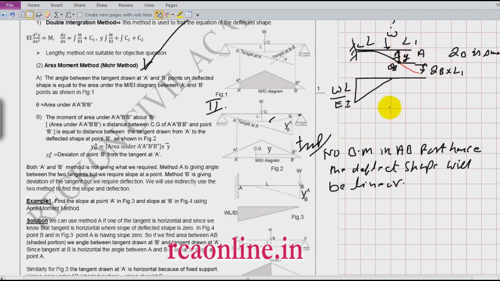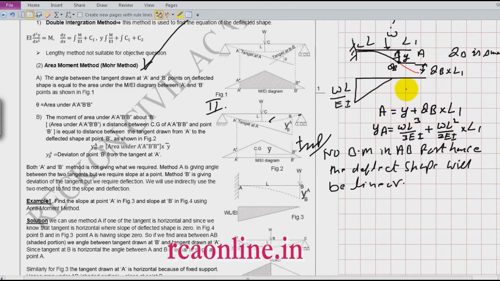So what is the deflection at A? The deflection at A will be y plus theta B into L1. Now y I have just calculated, which is WL cube over 3EI. Theta B I have also calculated, which is WL square over 2EI. Is it okay? And L1. So this is the deflection at point A.